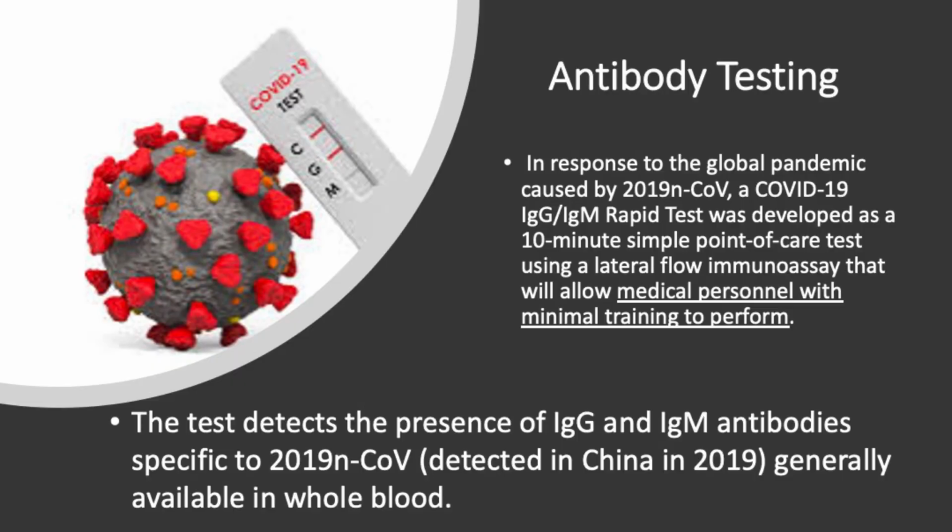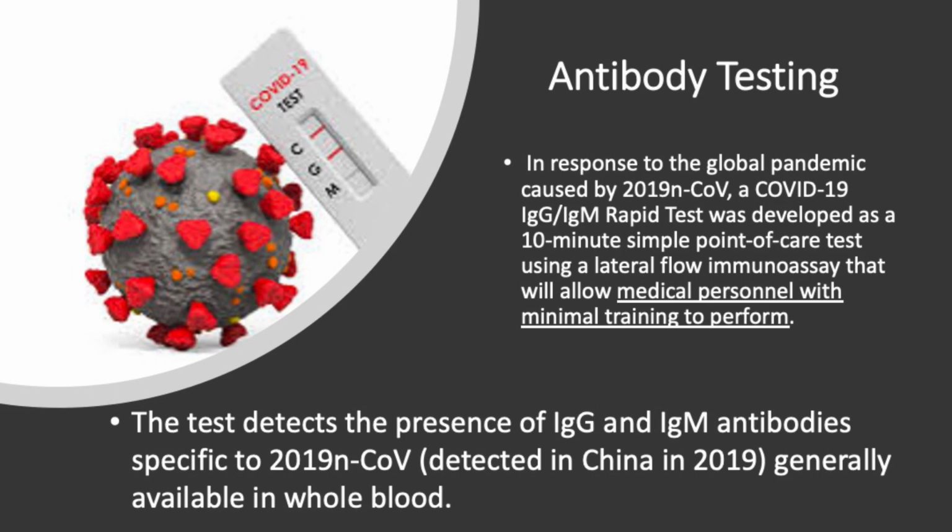Antibody testing is basically a response to the global pandemic, and it is a 10-minute simple point-of-care test using a lateral flow immunoassay. I'm reading it, I'm sorry, but it's very important to understand it's a rapid test. And what happens is a drop of blood goes onto the test cassette, and then 2 drops of a special buffer that carry the antibody up to the antigen.